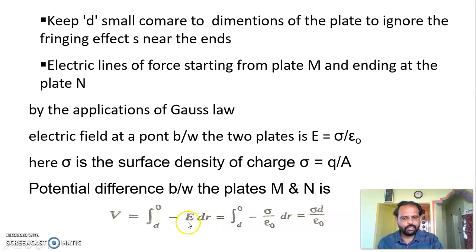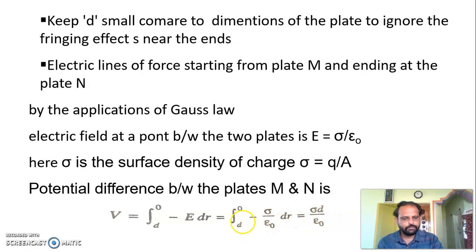Here E is the electric field intensity, which we found to be sigma divided by epsilon naught. So V is the integral of minus sigma divided by epsilon naught into dr. Minus sigma divided by epsilon naught is a constant term, so we take it outside, and the integration of dr is r.